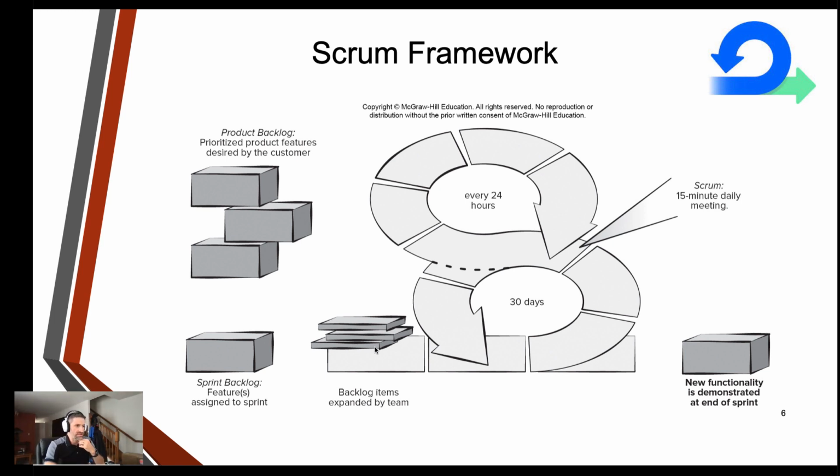So the backlog items are expanded by the team, and over a series of 30 days, we have 15-minute daily meetings every 24 hours, and every 30 days is another sprint. So you have a sprint, it goes for several weeks to 30 days. Every day you have a 15-minute daily stand-up meeting where everybody's just engaged and interactive, and then done, and you leave.